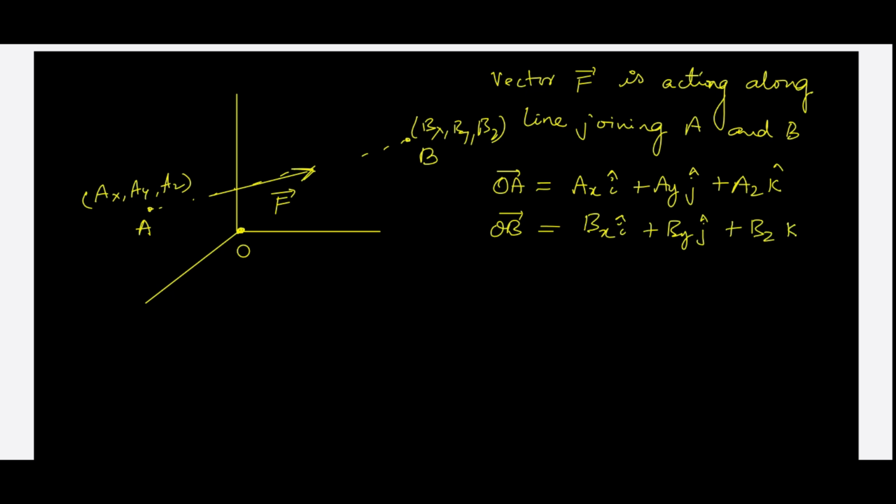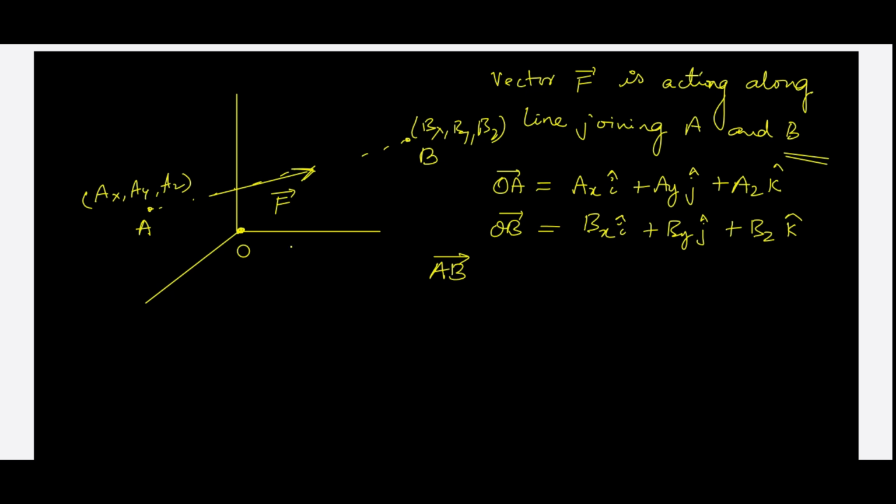So now when we know that the force vector F is acting along the line joining AB, what do we know? Vector AB and the force vector have the same direction.